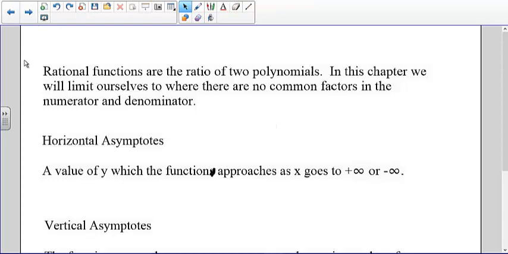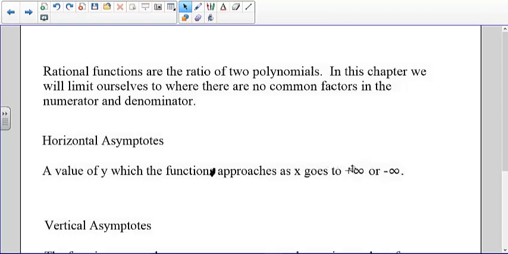So to plot rational functions, in addition to x and y intercepts, we have horizontal and vertical asymptotes. We're going to spend a lot of time talking about these two, mostly about vertical asymptotes. Horizontal asymptotes are a value of y which the function approaches as x goes to plus or minus infinity.